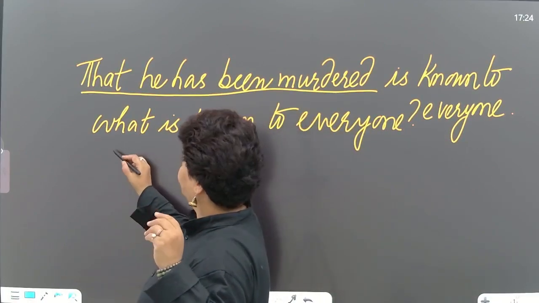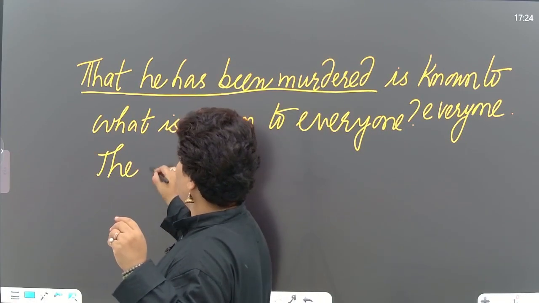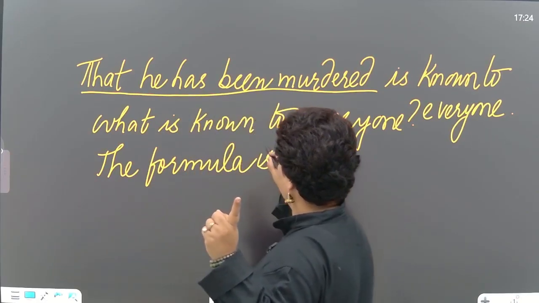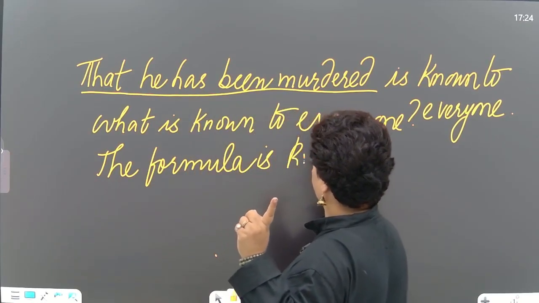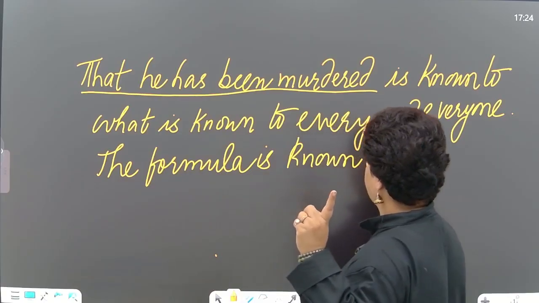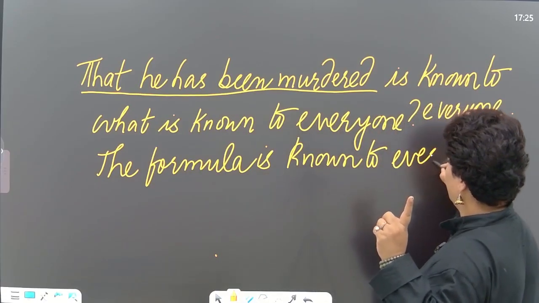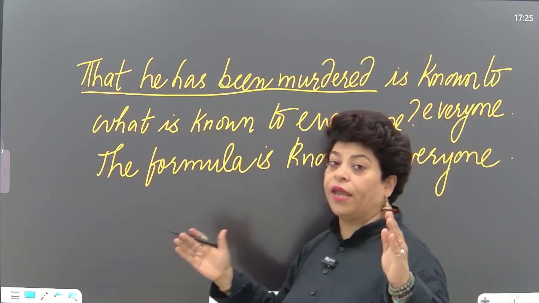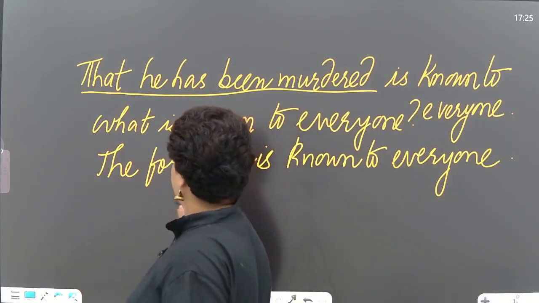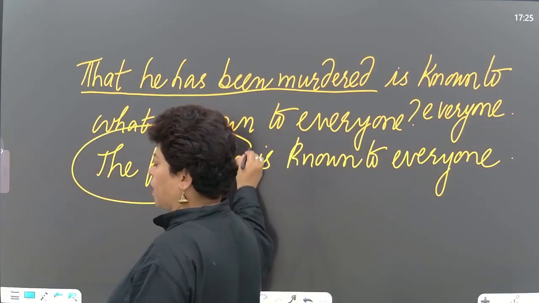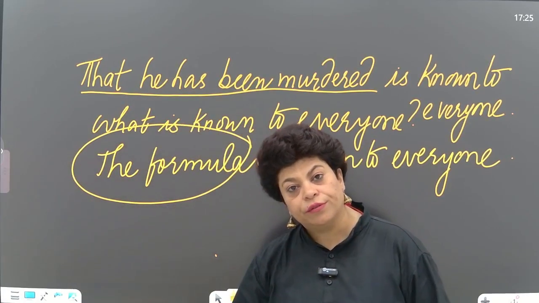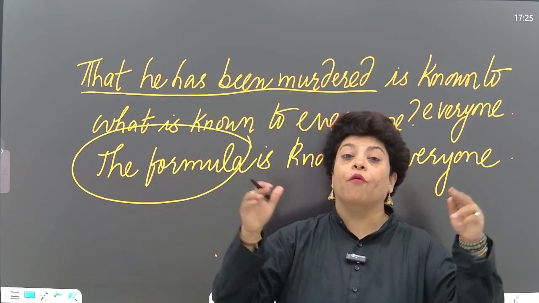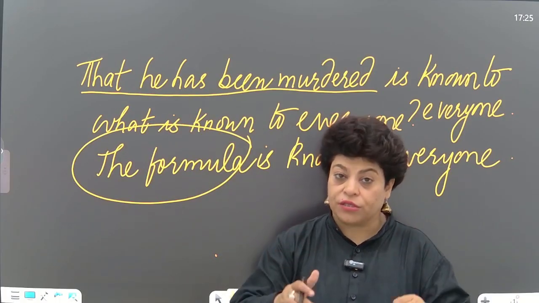We say the formula is known to everyone, right? Is it okay? It makes sense? But my question is again the same thing. Is the formula a complete noun clause? No way. Then what?